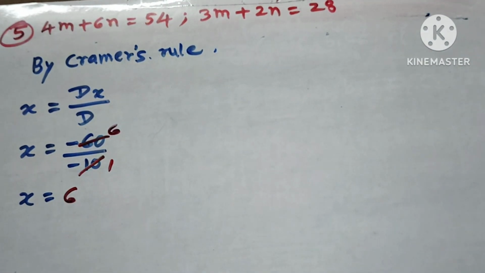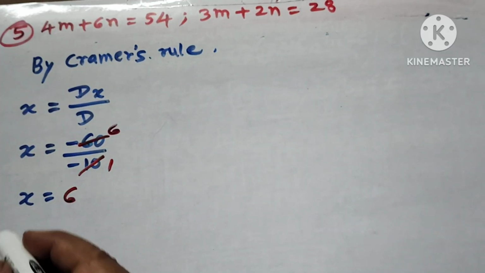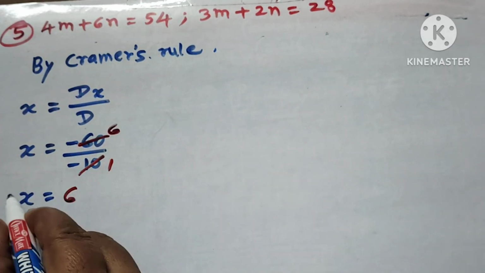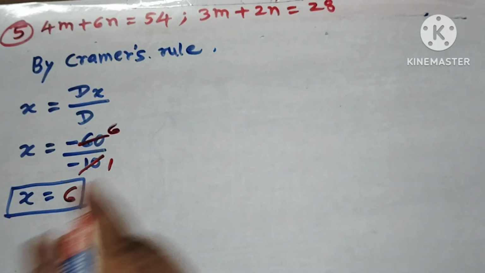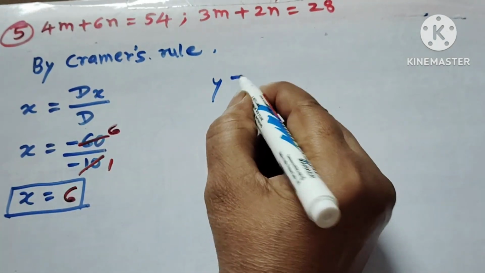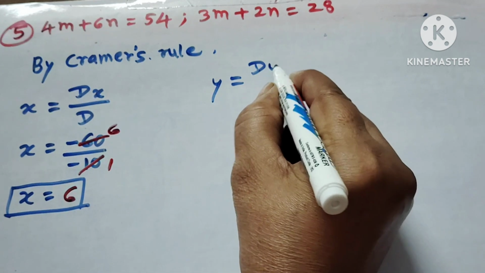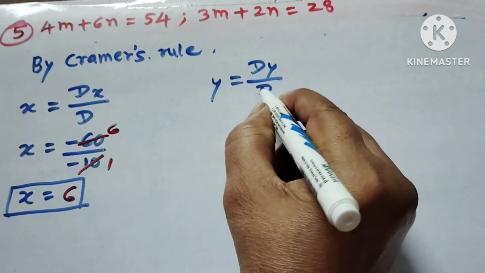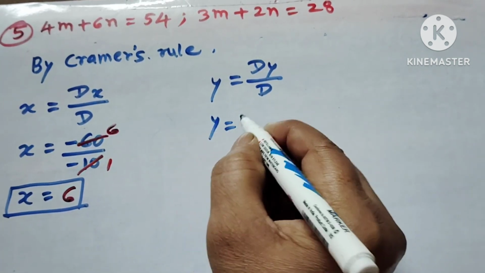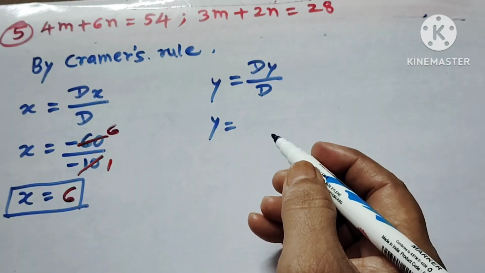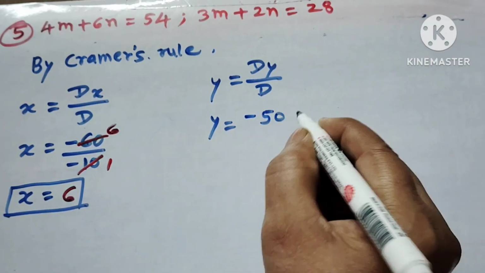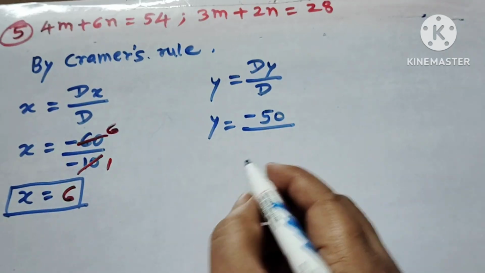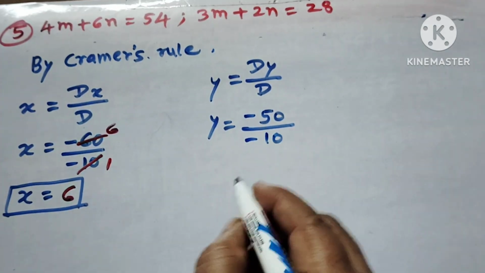Then x is equal to 6. y is equal to dy upon d, value of dy minus 50 upon value of d minus 10.